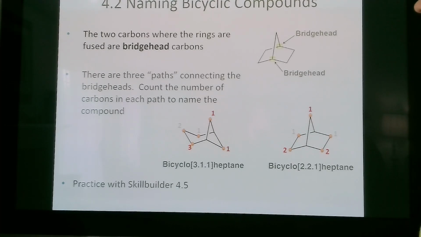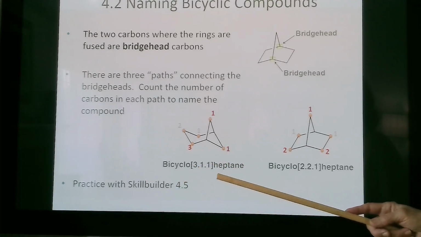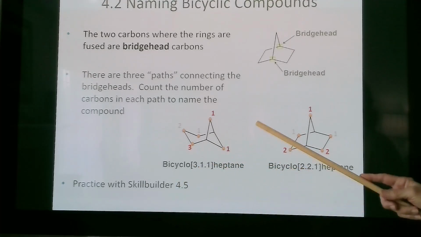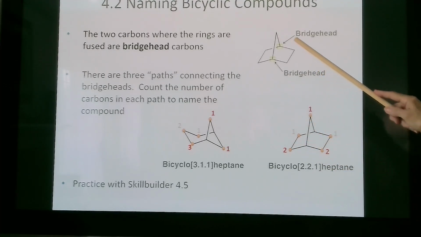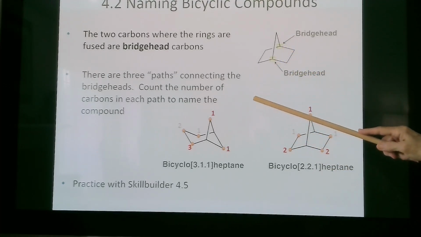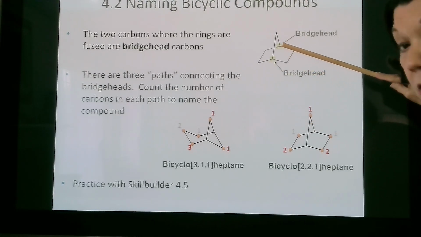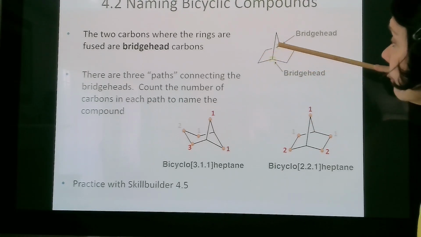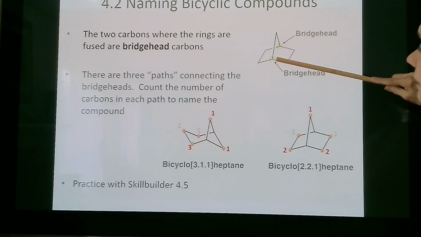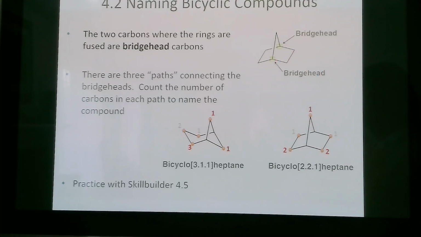Okay, bicyclic compounds. Bicyclic compounds are a little bit more difficult. These are the ones that have 2 rings that are fused. And so the carbons here and here are the bridgeheads.